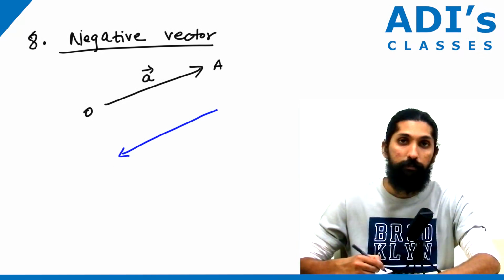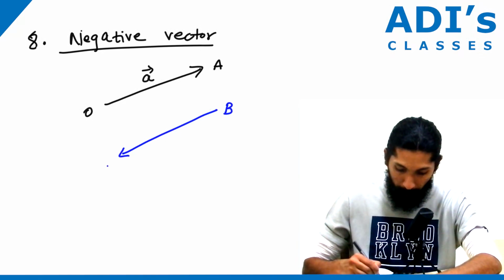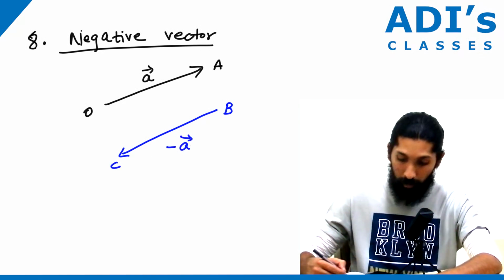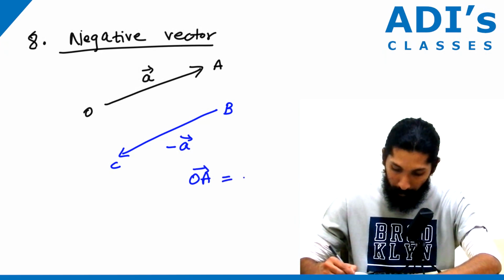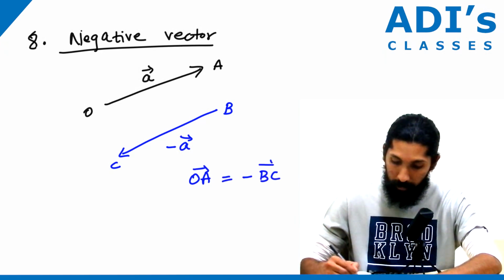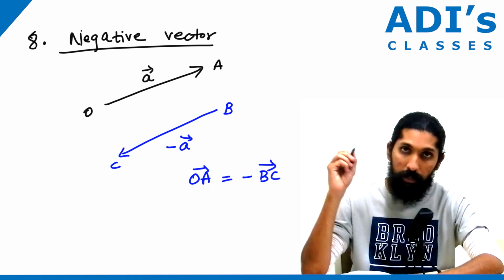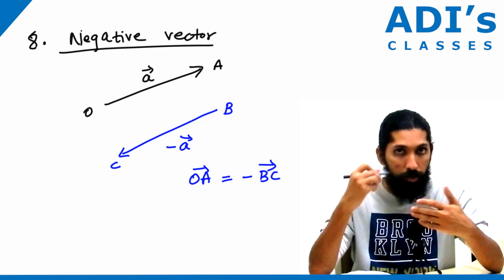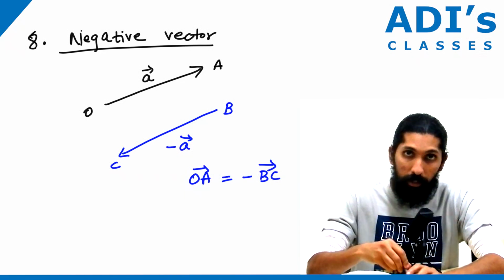So this vector, suppose let's say this is BC, this becomes negative of vector A. In the sense OA is equal to minus BC. That means you have magnitude is the same, but direction is going to change. When I say change, what do you mean by the change? 180-degree shift. That is basically negative of a vector.